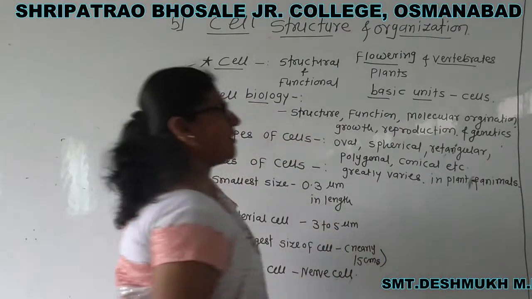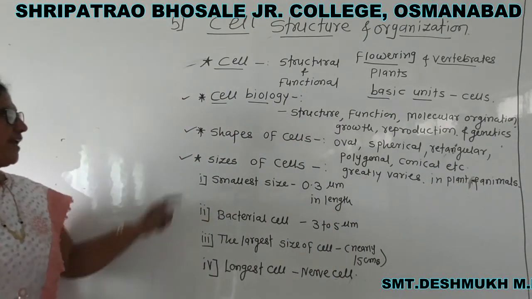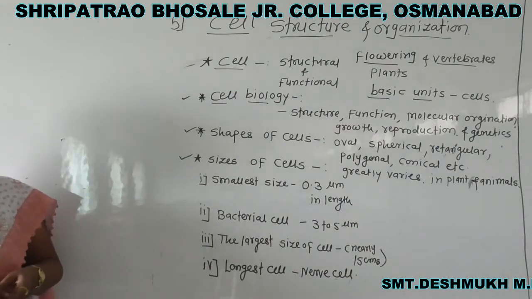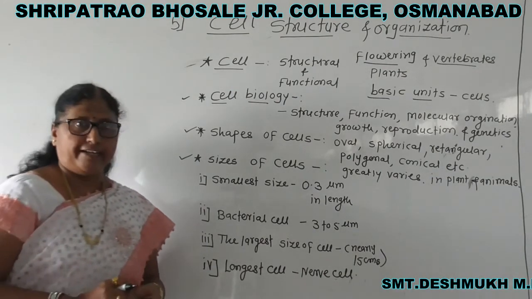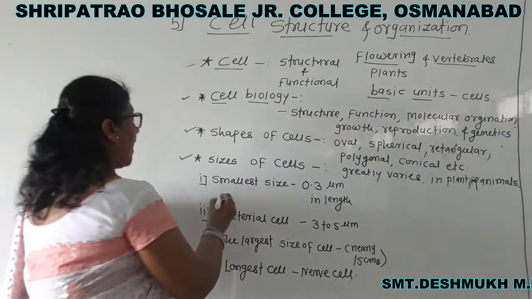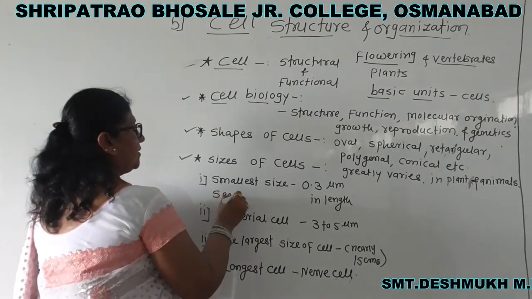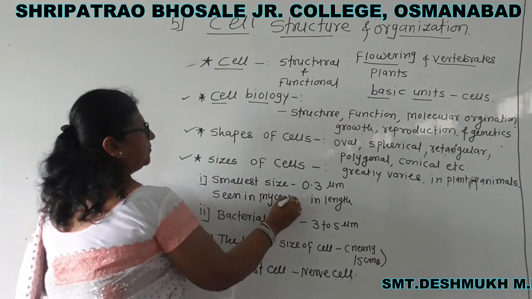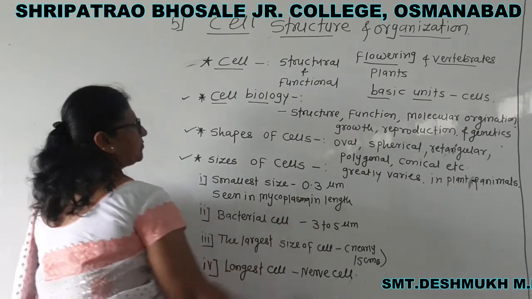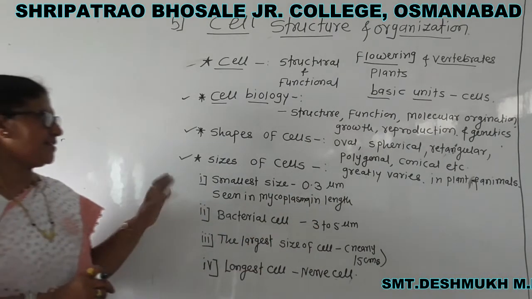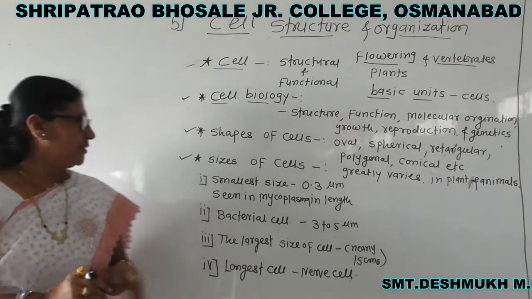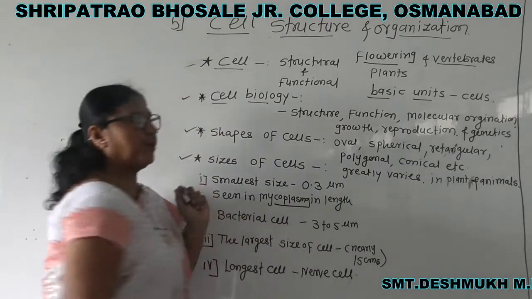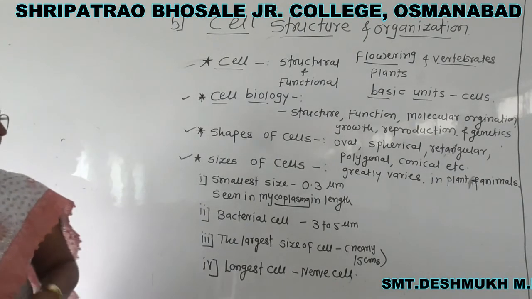The smallest size of cell is 0.3 μm in length, seen in mycoplasma.